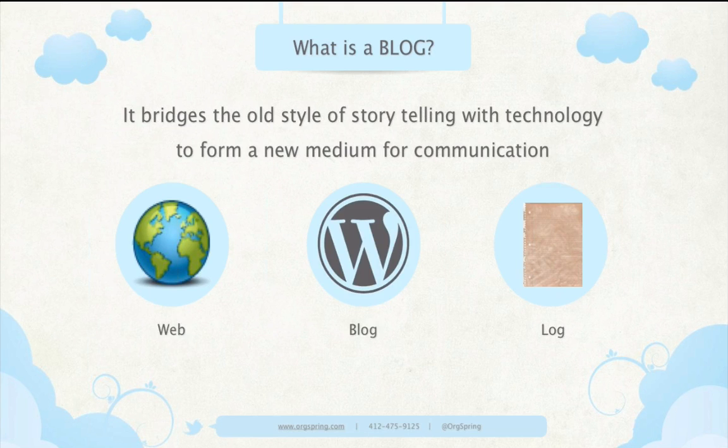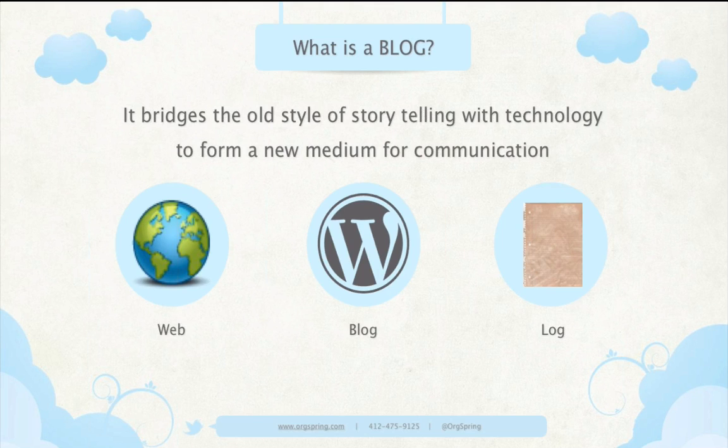And it combines those to make the word blog, web and log, blog. Now, WordPress was not the first blogging platform, but like iPod not being the first MP3 player, WordPress is the best and the most popular blogging platform now.